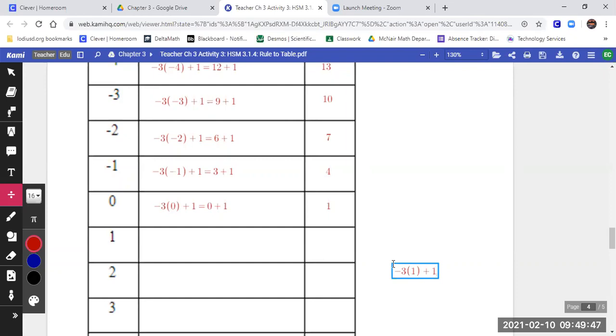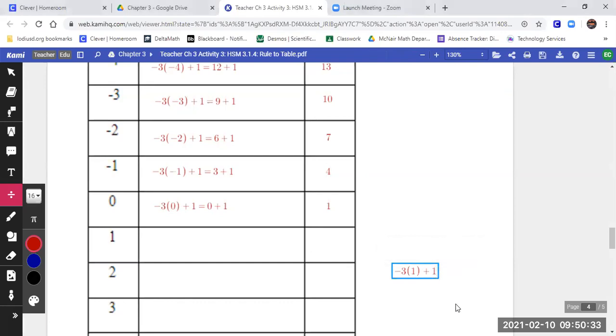Now, I have a negative times a positive. What's my sign going to be?